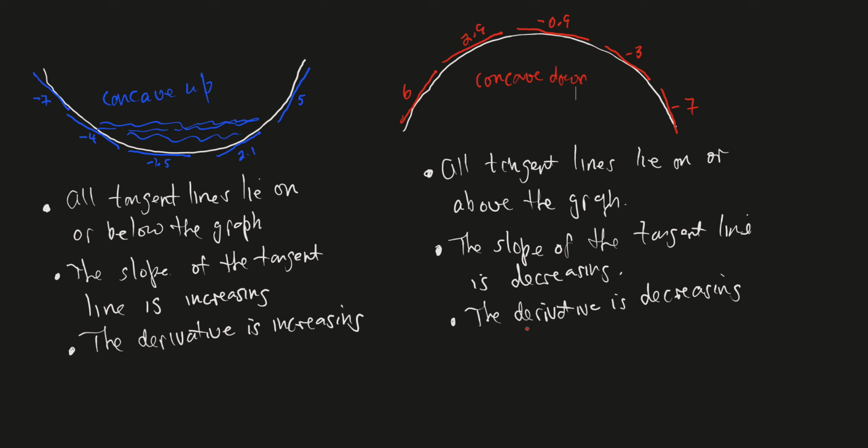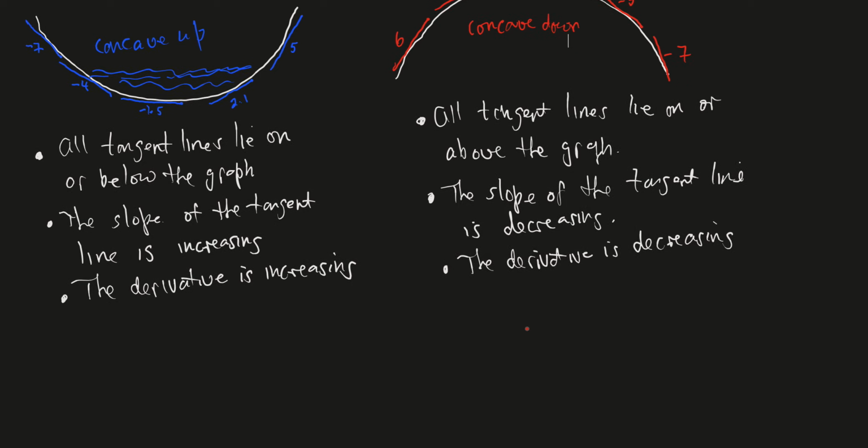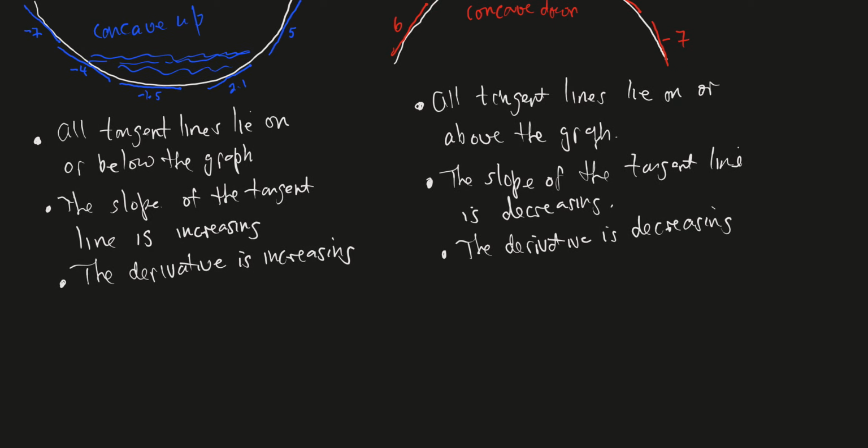All right, so let's write down that definition formally. If f is differentiable, we have to make sure that the derivative exists before we talk about things like increasing and decreasing as they relate to the derivative.